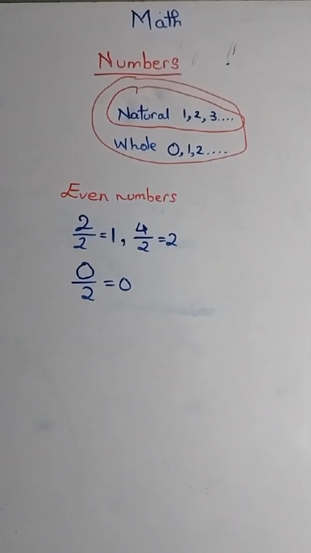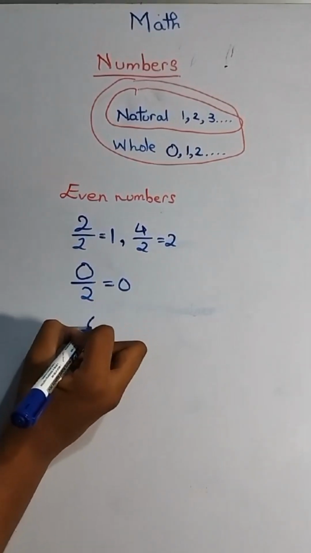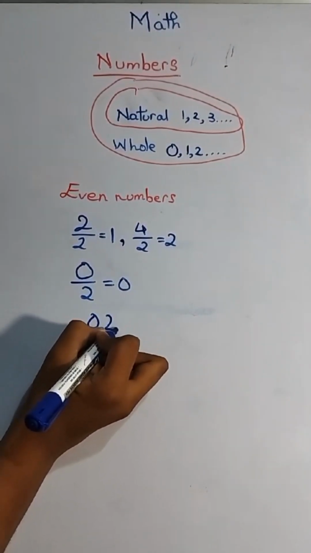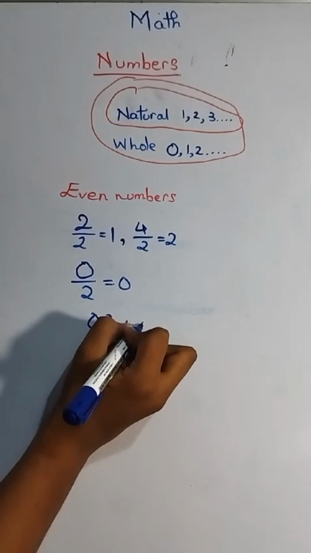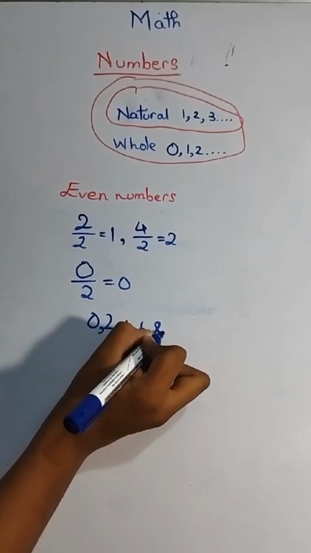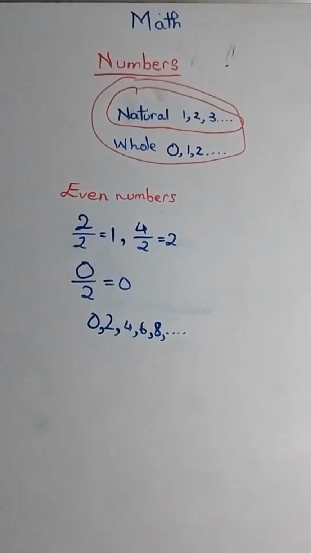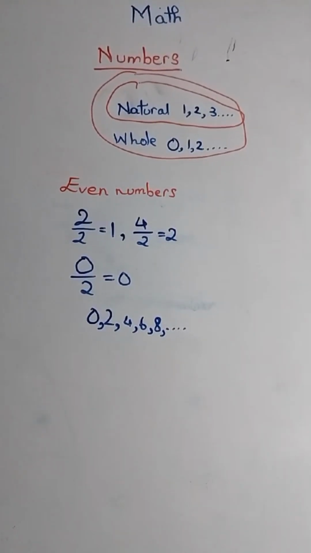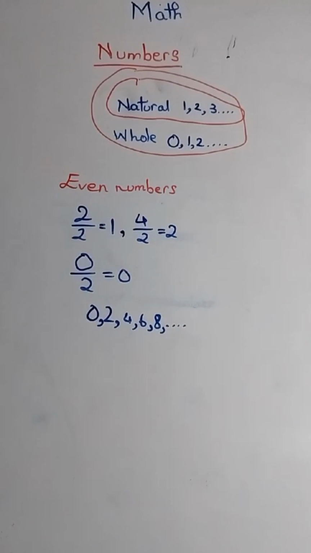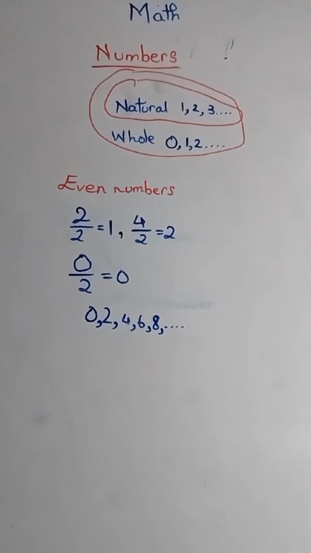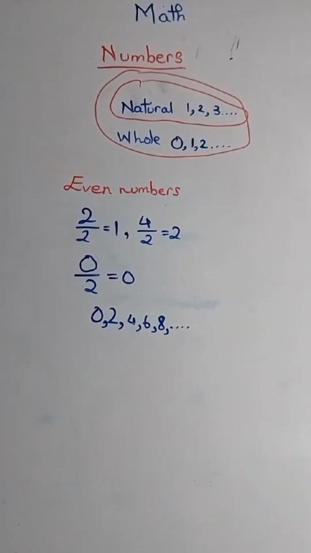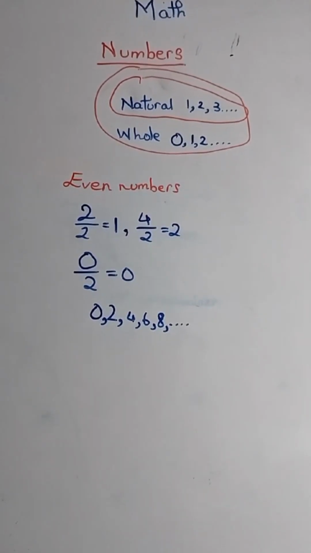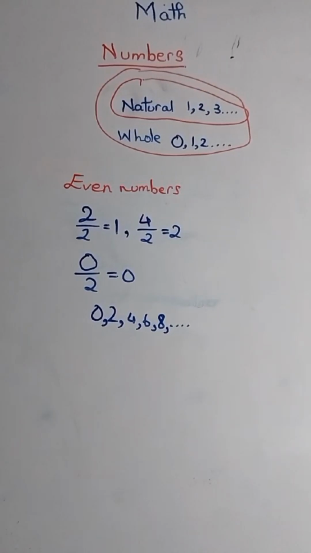Some examples of even numbers are 0, 2, 4, 6, 8, etc. Even numbers are also any number multiplied by 2, or just a multiple of 2. Even numbers can go on forever and can be as large as possible.